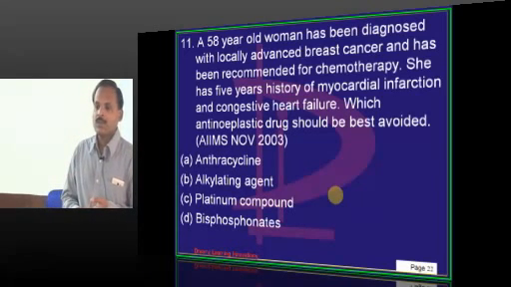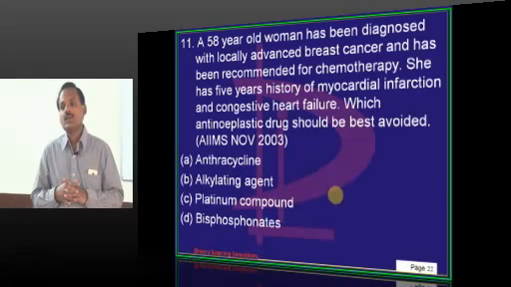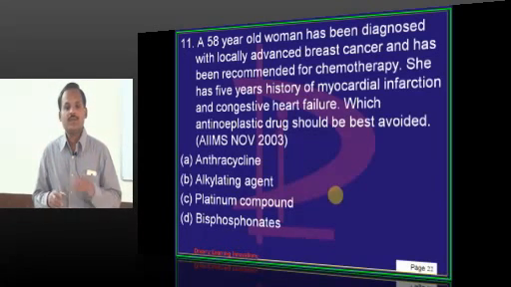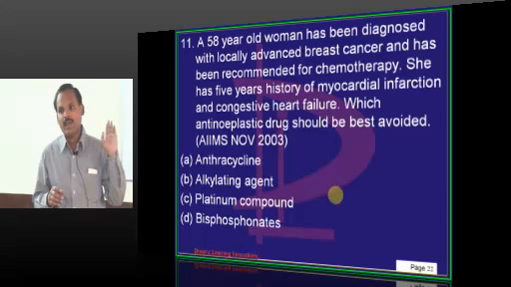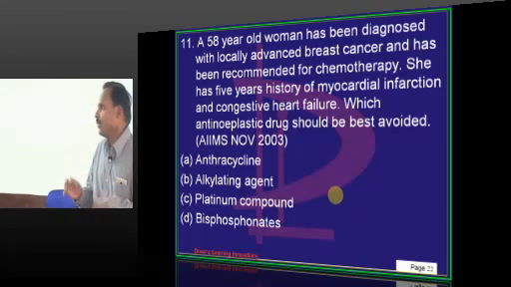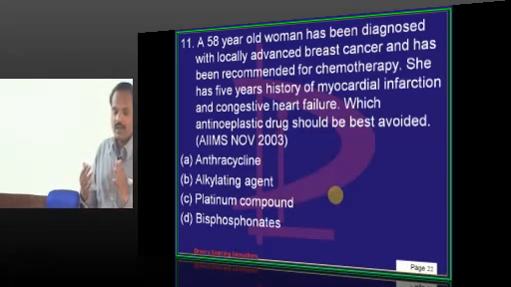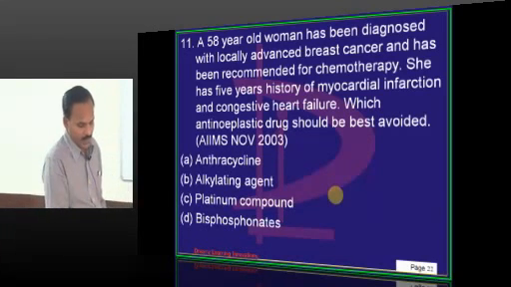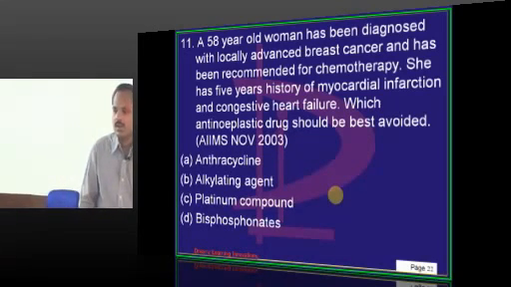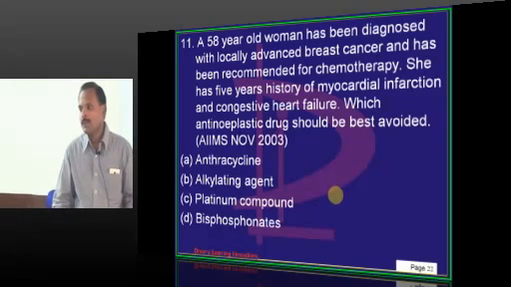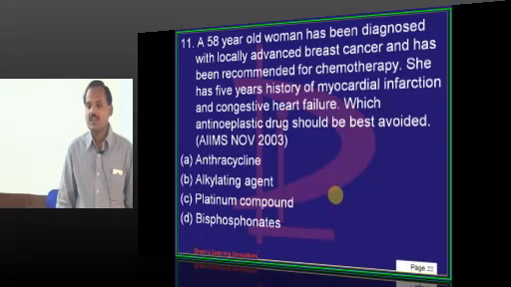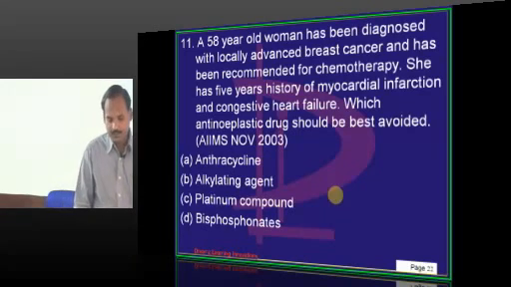And not only that, they are also radiation recall inducers. If they have already received radiation some time back, within a very short period of time, if you give them these compounds, they may have precipitation of acute radiation sickness. And mitoxantrone, you remember, is the anthracycline analog or anthracycline derivative which has least cardiotoxicity.